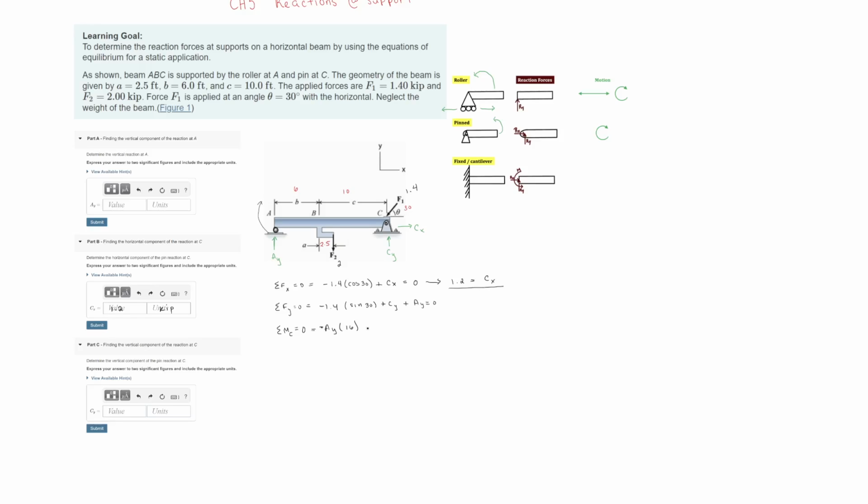And then the force F2, the moment is going to be positive because it's going to make it rotate counterclockwise. So it's going to be F2, which is 2, times the distance in the X, because the force is in the Y. Now, since this is 2.5 right here, you're going to subtract this 2.5 from 10.